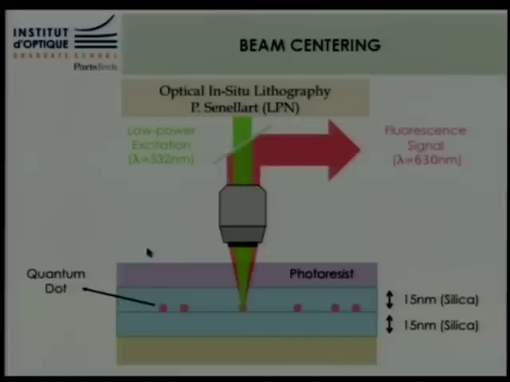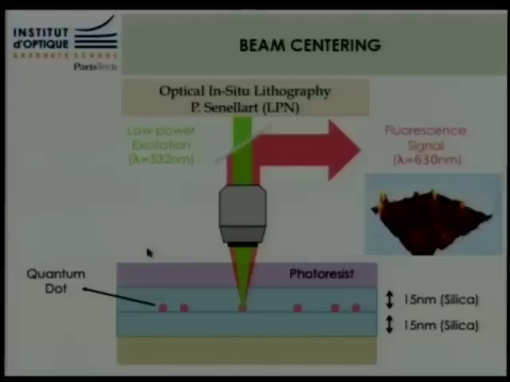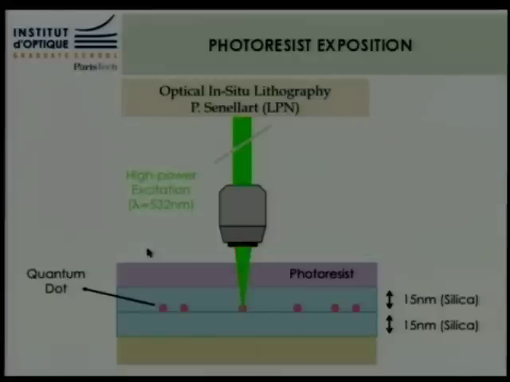And by scanning the sample nanometer by nanometer, one can map the position of the quantum dots with a 25 nanometer accuracy. And when the beam is centered on a quantum dot or a cluster, one uses the same green laser excitation with high power to expose the photoresist.